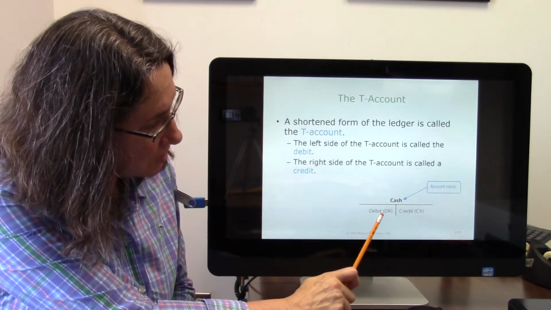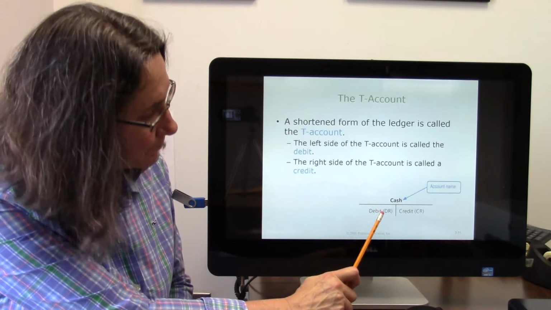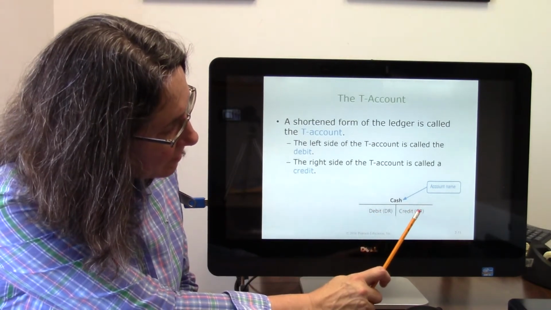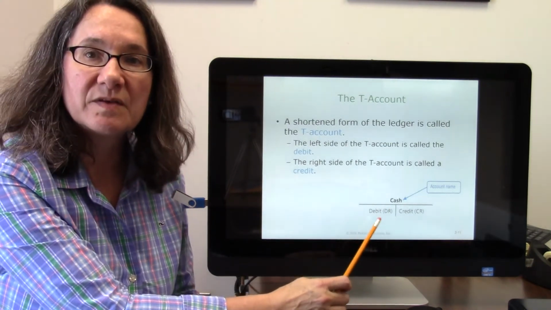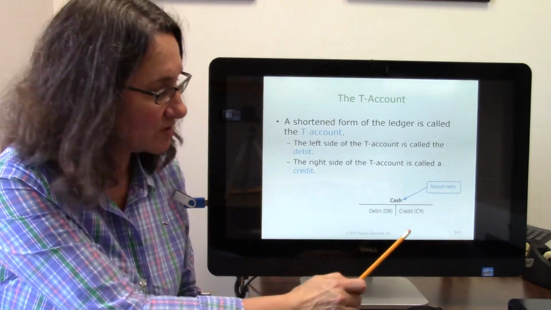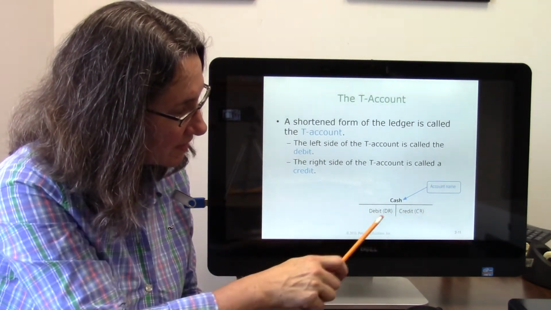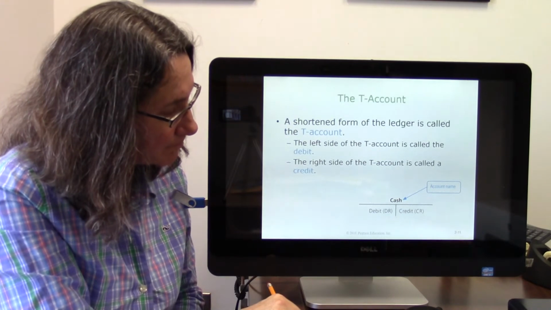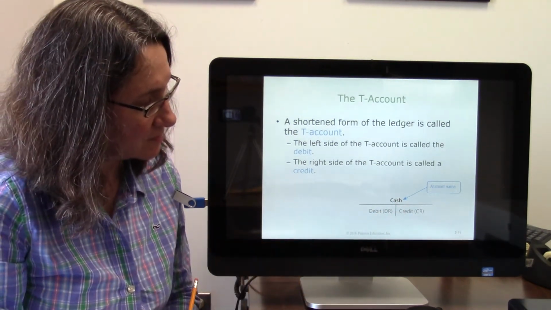This is showing you debit, or DR, on the left, and credit, or CR, on the right. That's all that means: debits go on the left, and credits go on the right. If you can just remember that, debit's first, credit's second, left, right. So that's your T account. Debit's on the left, credit's on the right.